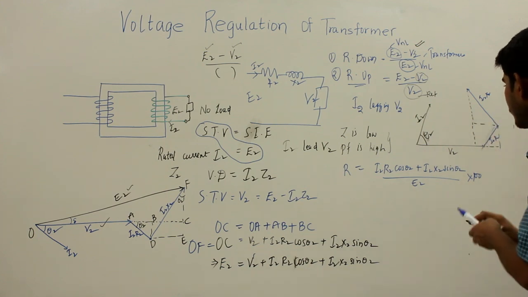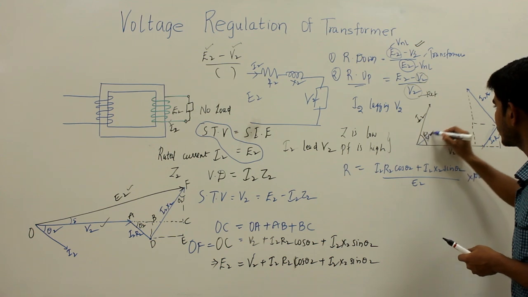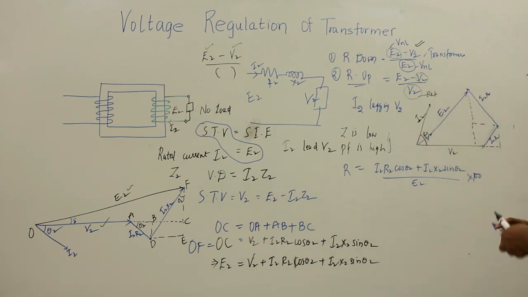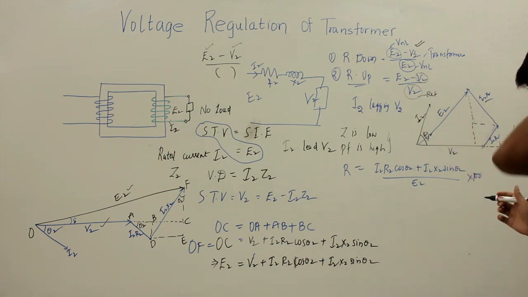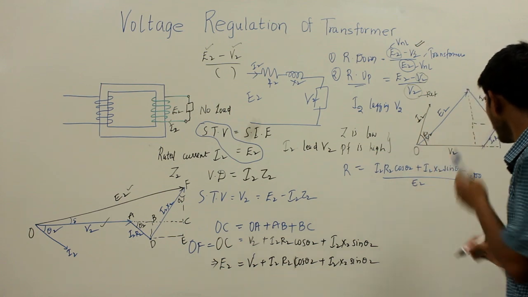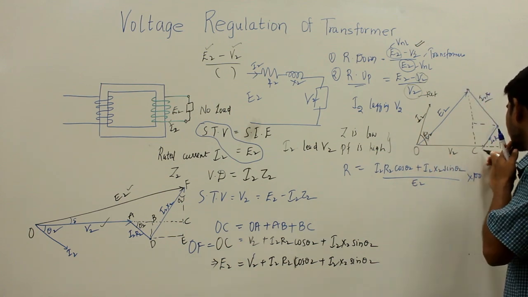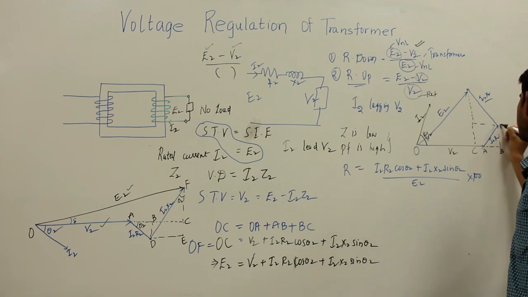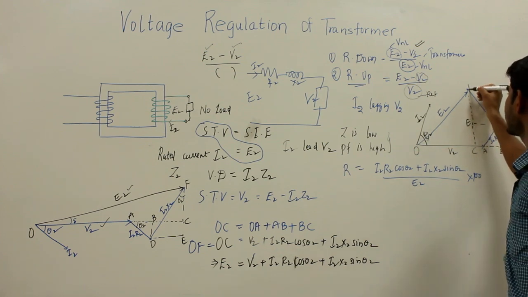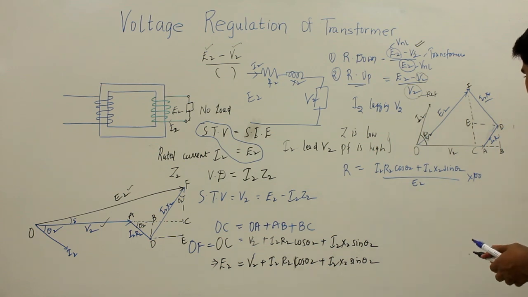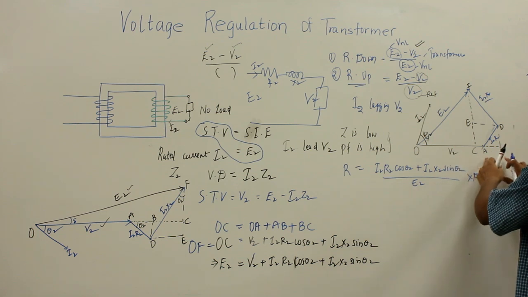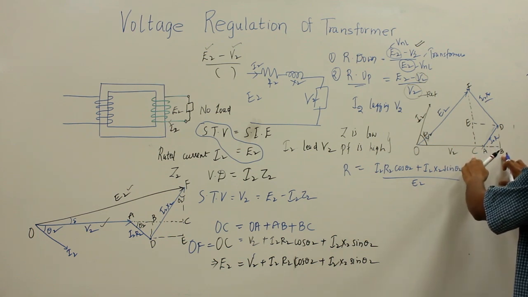The phasor sum will be equal to your E2. So this is your I2 X2, I2 R2, and this is your V2. Let me write the points. This is my O, this is C, this is A, this is B, this is D, this is E, and this is F. Again, I know the OC value, the AB value, and the BC value.